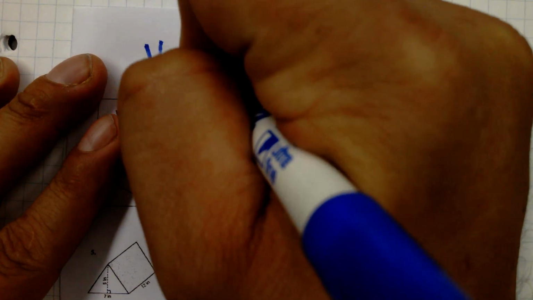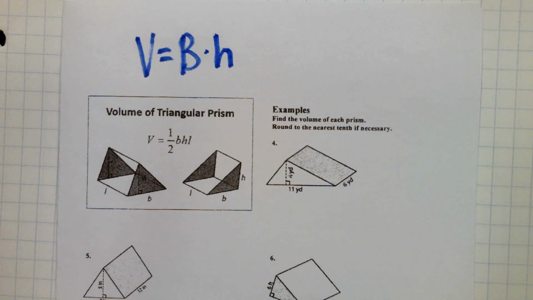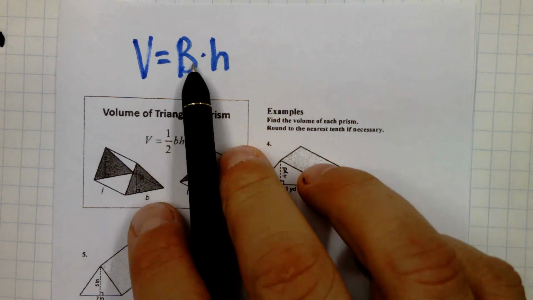Volume equals base area times height. So this is the general formula, but what if we have a triangle?